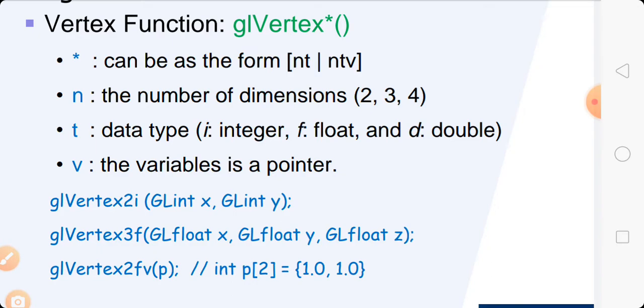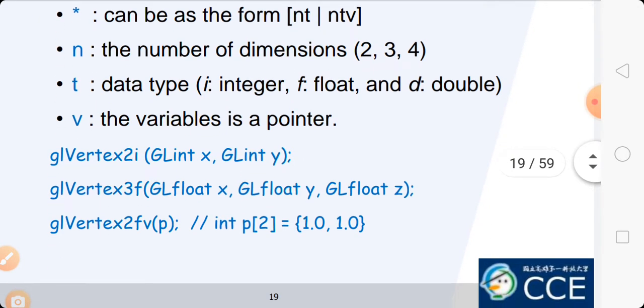Okay, so here we have to specify 3 vertex values: GLfloat x, GLfloat y, and GLfloat z. And in the last example, glVertex2fv(p).